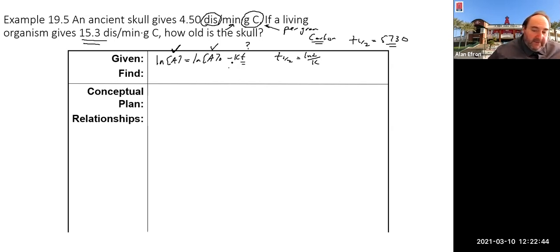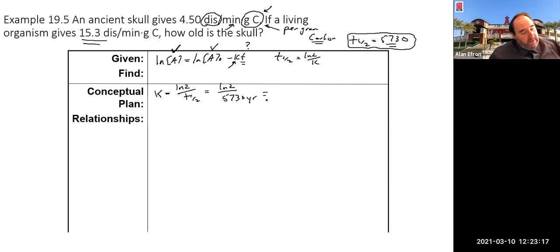Like the previous one, we're still missing our decay constant. And that is why knowing that this means per gram of carbon is important, because then we can get our proper half-life for carbon and solve for our decay constant. So that would be the first thing we'd want to do, like we did previously. Our decay constant would be the natural log of 2 divided by the half-life, so the natural log of 2 divided by 5730.